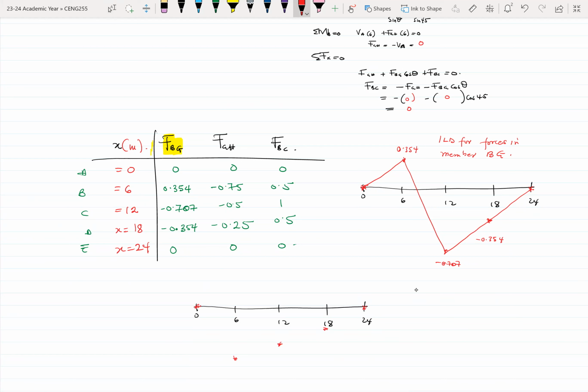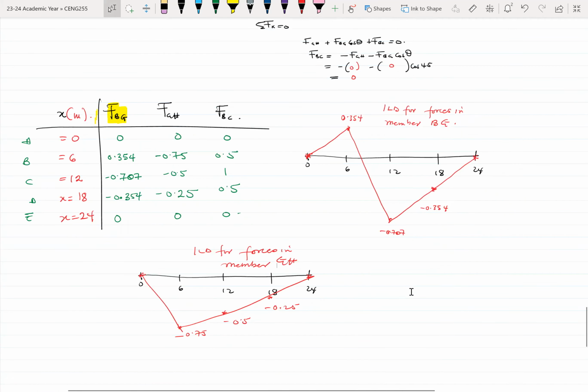So it also has this shape. This is the ILD for forces in member GH. Now let's draw the last one, for member BC.